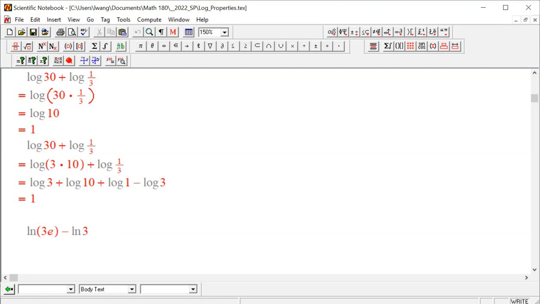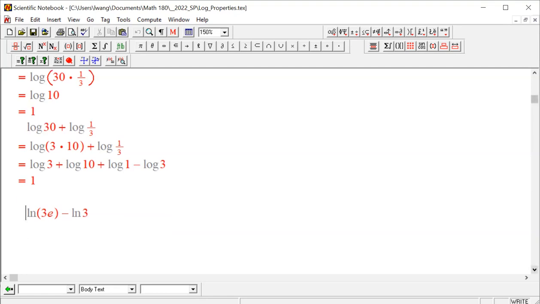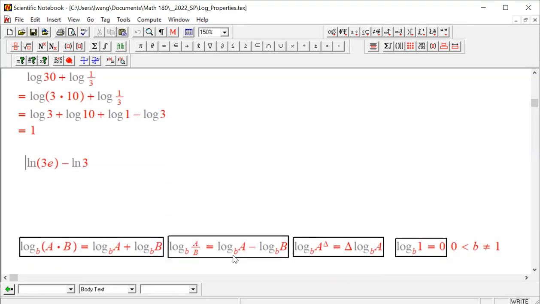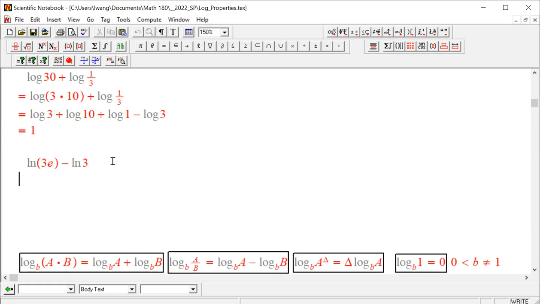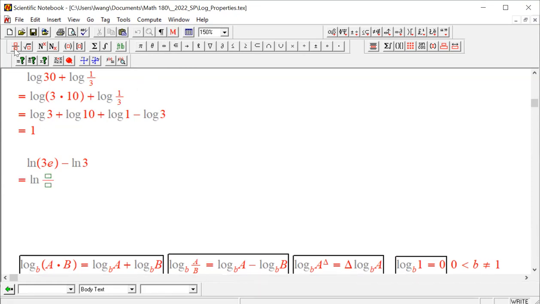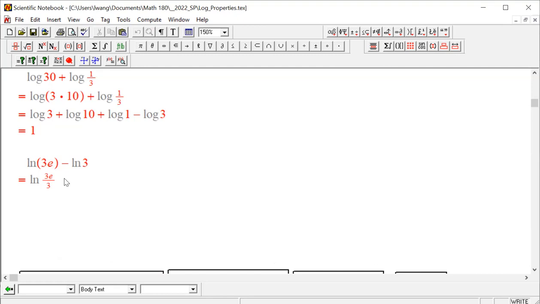This probably reminds us of the quotient rule: ln minus ln. So that equals ln of 3e divided by 3. That's one way to do it.